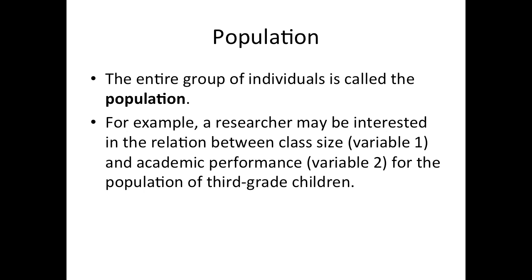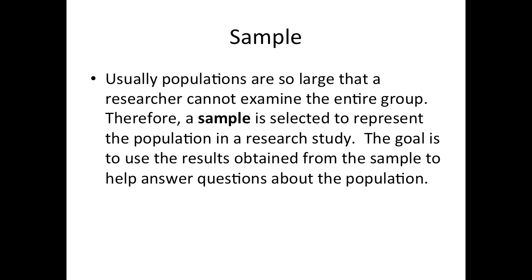So a researcher might be interested in the relation between class size and academic performance for the population of third grade children. In this instance, they're talking about third grade children across the United States, right? And a sample is usually just a subset of the entire population that you're interested in.